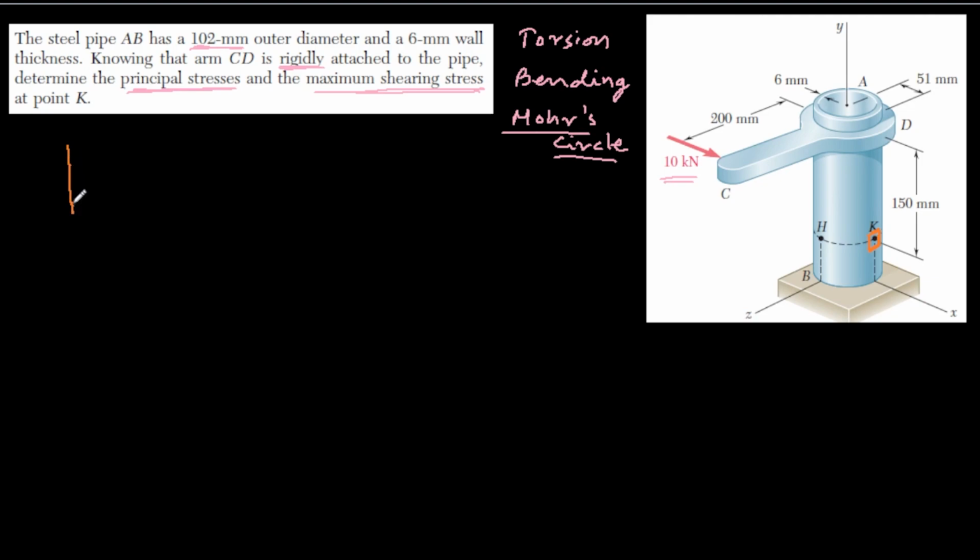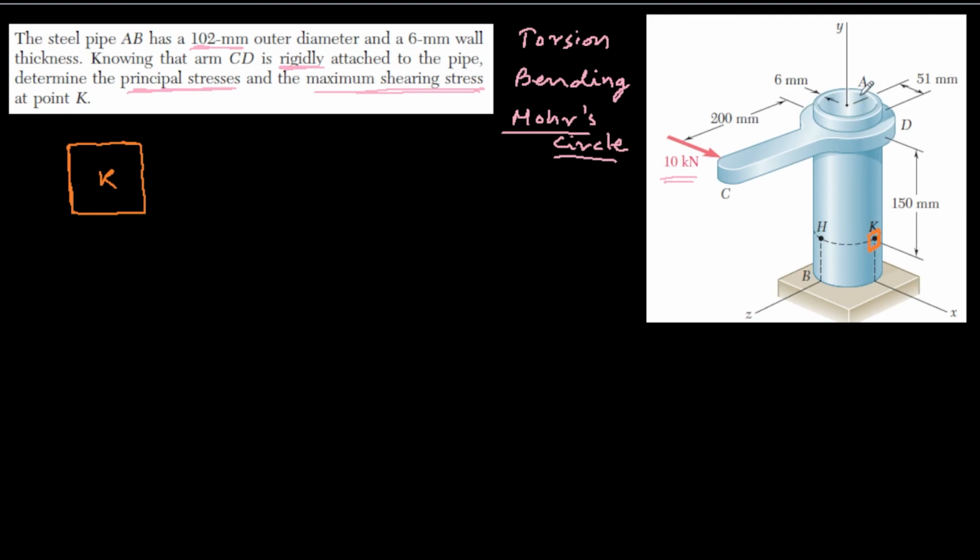The state of stress, we can show in this square. This is the point K. We still haven't discussed which stresses will act on it. Let's discuss that. Once this force is applied here, we can transfer this force to the pipe AB.